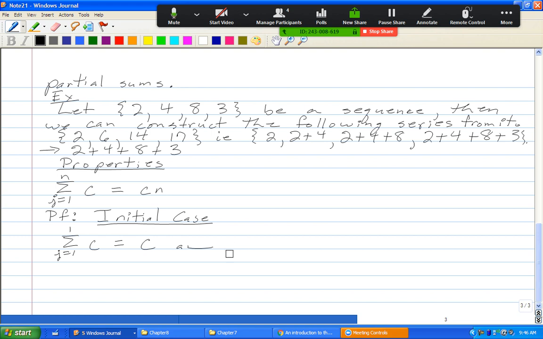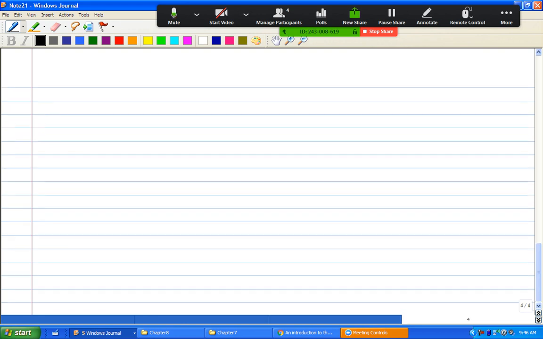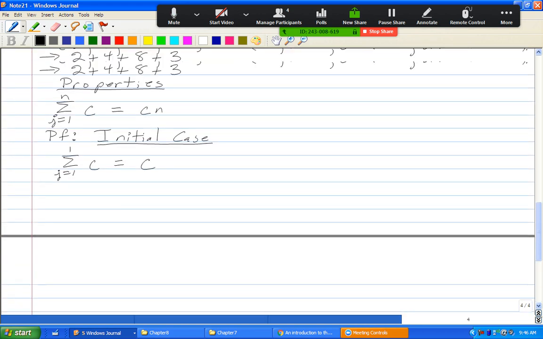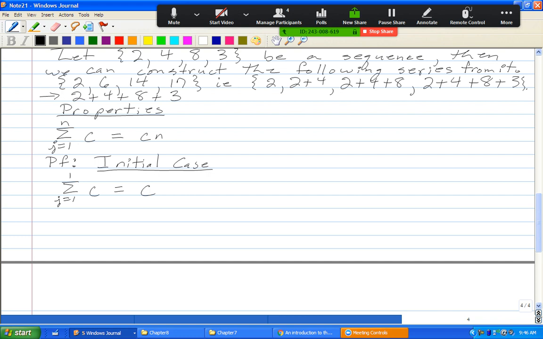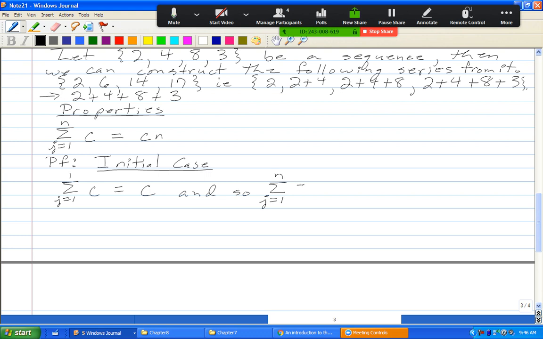Sorry, I'm not able to write for a second. And so I've shown that the sum j equaling 1 to n of C is equal to Cn when n is equal to 1. Now let's do the induction case.